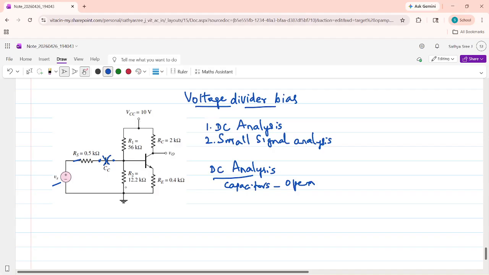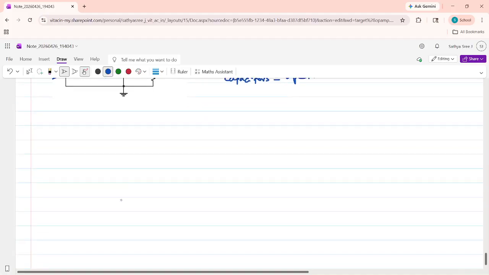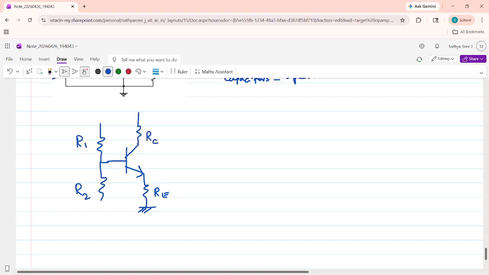So I will redraw the DC circuit. This is R1 and this is R2 and this is RC, this is VCC and this part is grounded.